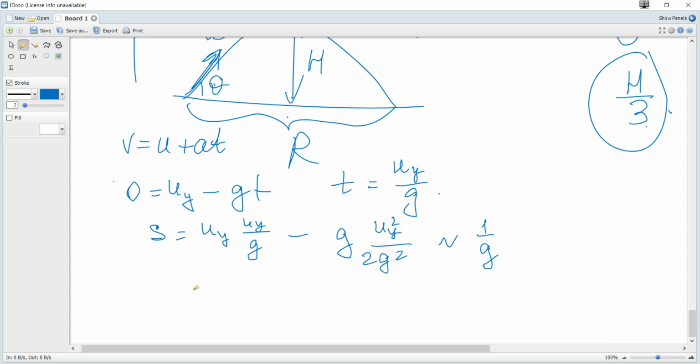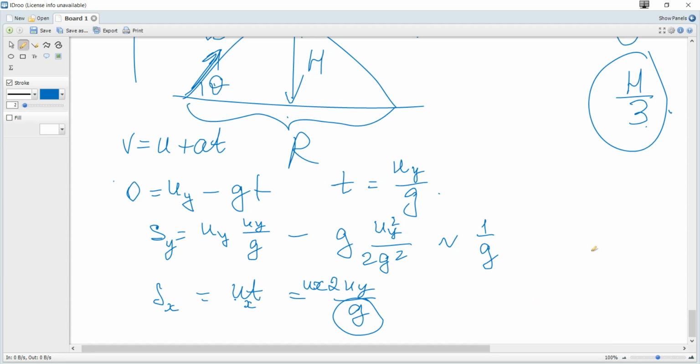And what about the range? If we consider horizontal displacement, again the formula ut plus at squared over 2, since acceleration is perpendicular, its component on the horizontal is 0, so it becomes ux t, where ux is the horizontal component of the velocity, and t is again 2 times uy over g, and also this ux, but we need to know only that it is inversely proportional to g again.